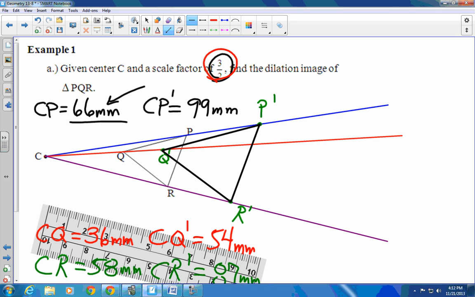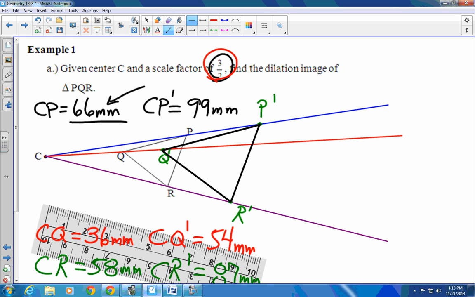Angle Q and angle Q prime would be the same. Distances not preserved. Collinearity preserved. Orientation preserved. Size or distances not preserved. From P prime to Q prime not preserved. Okay? P to Q is not the same as P prime to Q prime.